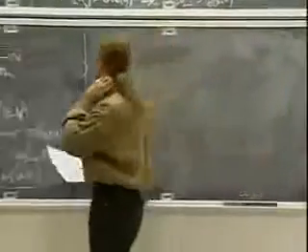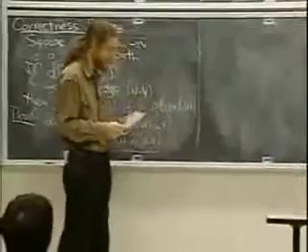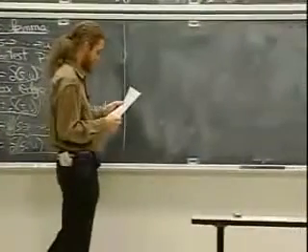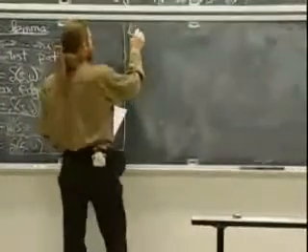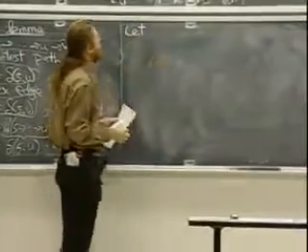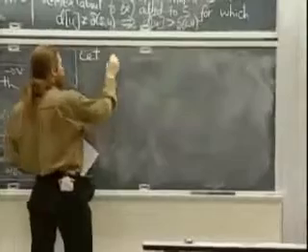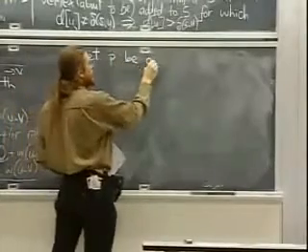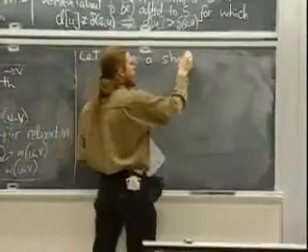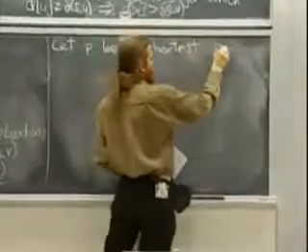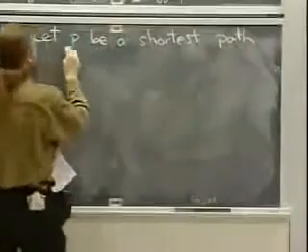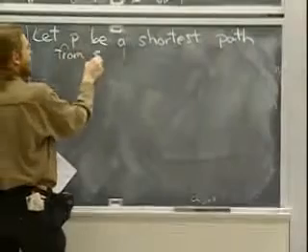So I sort of just want to draw a picture of what's going on, but I need a little bit of description. So let's look at the shortest path, right? Somehow d of u is greater than the shortest path. So consider the shortest path, or a shortest path. Let p be a shortest path, not just any path, but the shortest path from s to u.